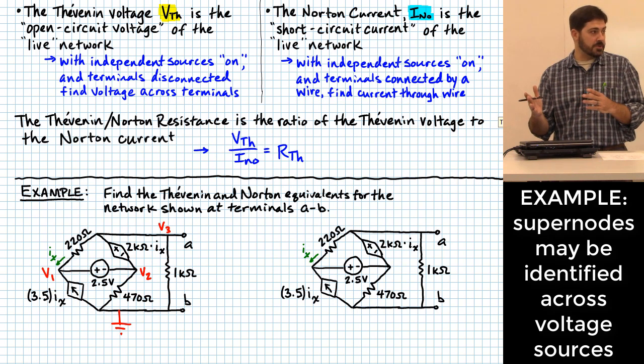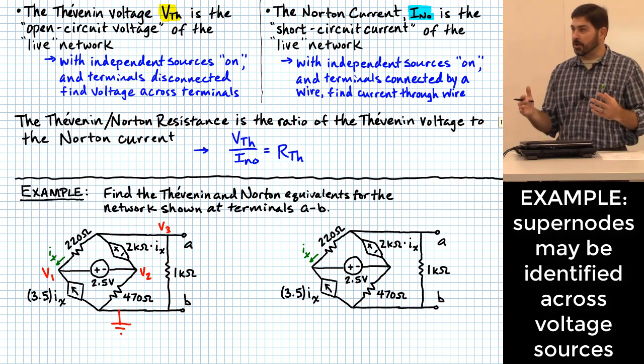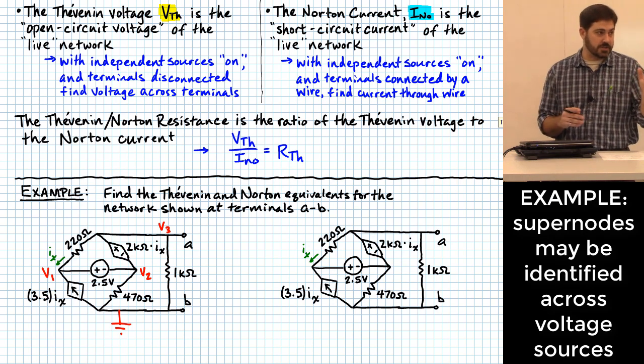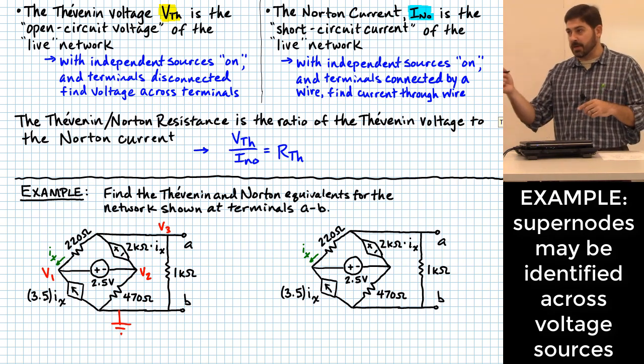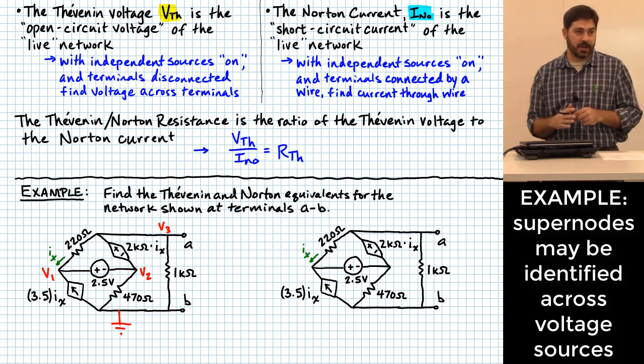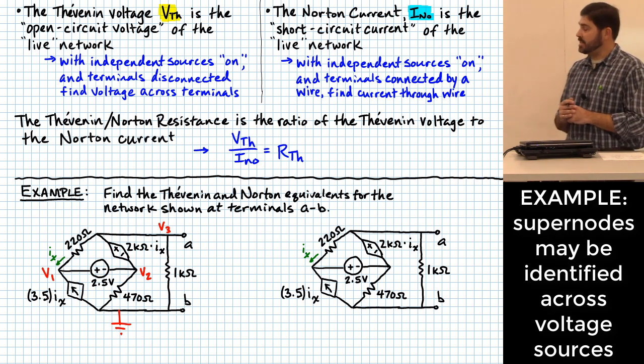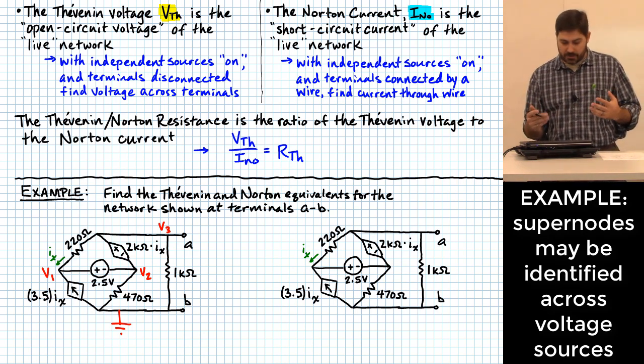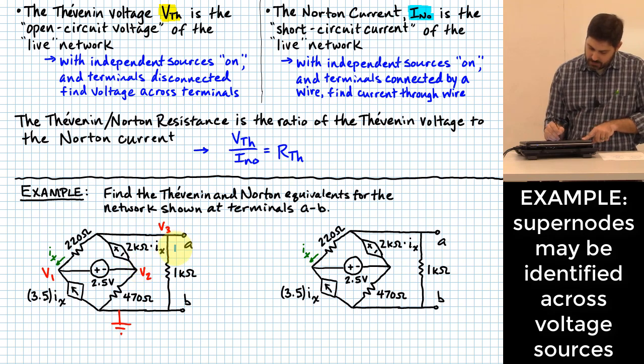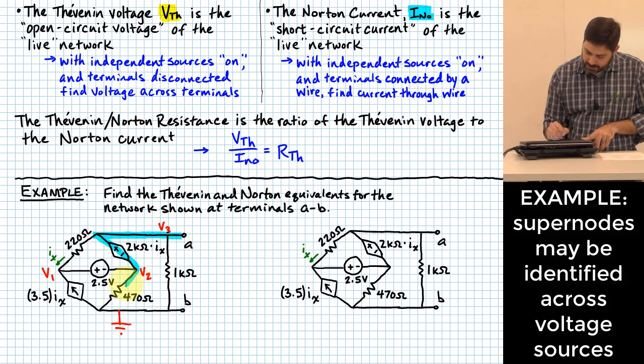You can use both of those when finding supernodes, and when you're talking about meshes, you can use either independent or dependent current sources when you find supermeshes. But for supernodes, we look for both independent and dependent voltage sources. Where do I have those? I have an actual node up here for V3, but I go right across all of my voltage sources. Anytime I have a voltage source, I'm just going to go right across it whenever I identify my supernode.